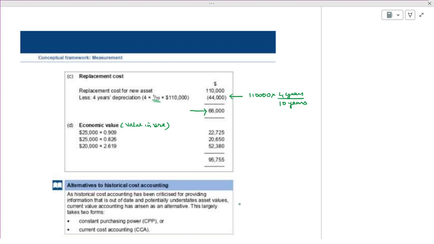What they have done: 110, every year how much? 11,000 times 4 years. How many years are there? For 4 years. They have taken it like this, and then they have multiplied by 4 years.